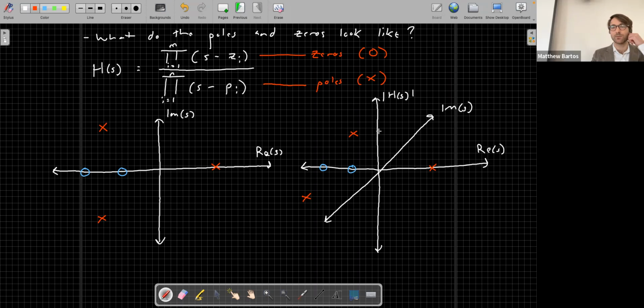So first of all, what is the value of H of s at one of these poles? Infinity, right? Why is it infinity? Yeah, so if we plug in p_i to the denominator here, we'll find that this expression for H of s goes to infinity.